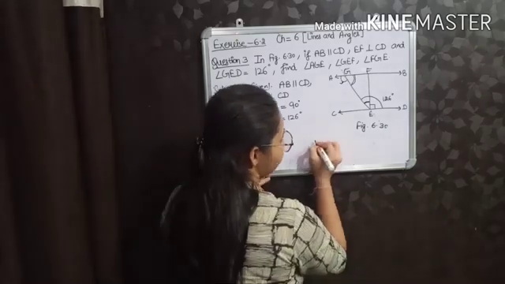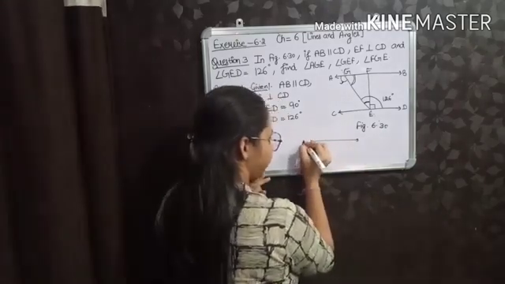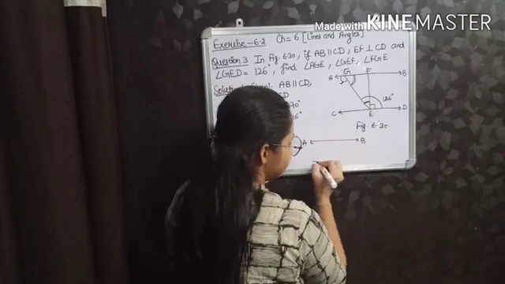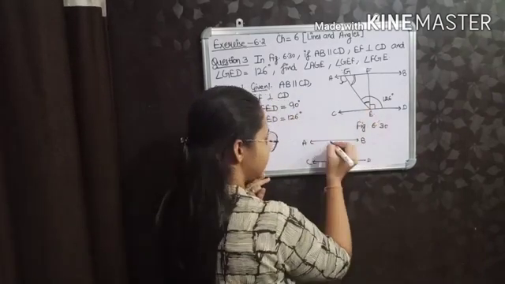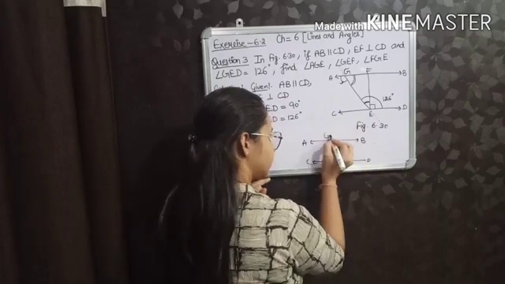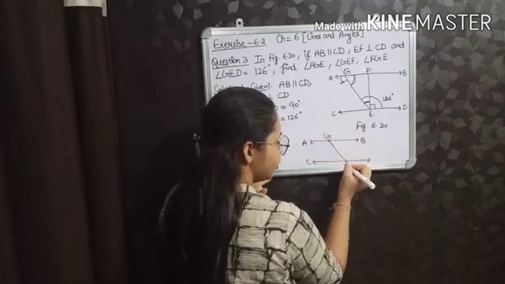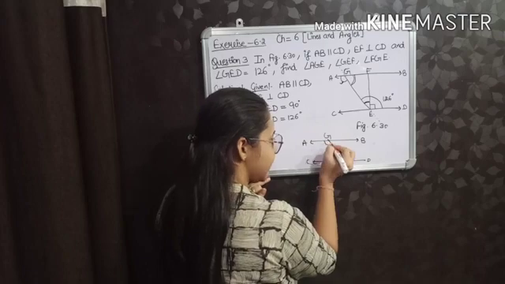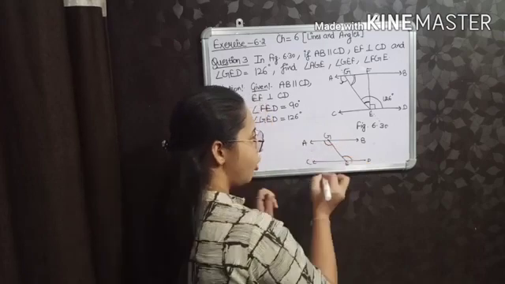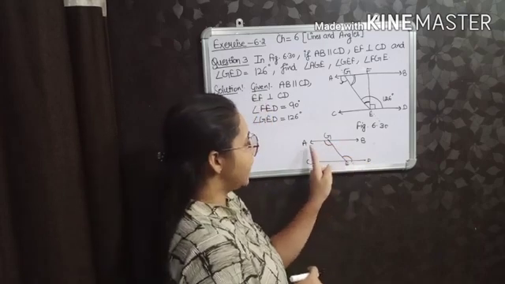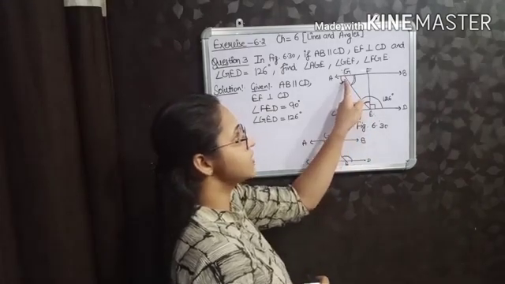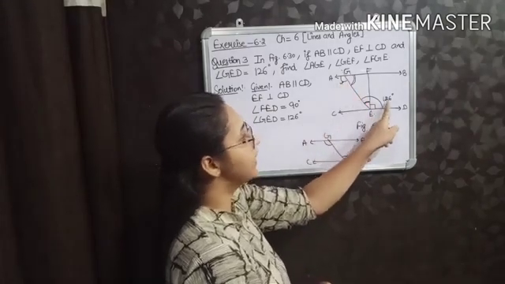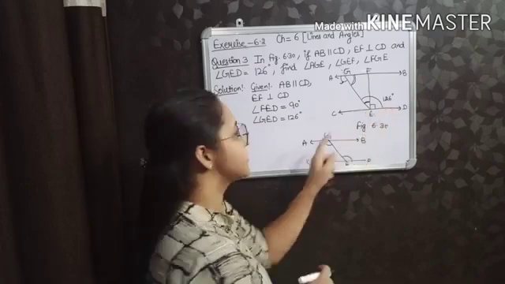See here I am drawing AB, CD and this GE. This is a transversal line. So you will observe that this angle and this angle, these are alternate interior angle. And now this is angle A, G and E. Okay, and this complete angle is given to be 126 degree.